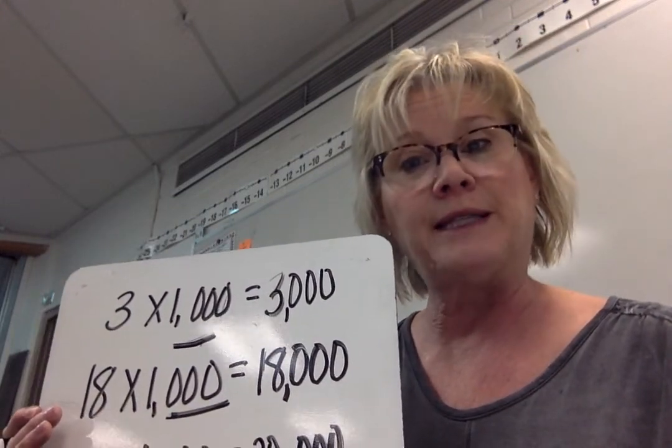Pretty easy, I would say. I'm going to go ahead, write down some problems that you can work out on your own. And you can have an adult in your house or an older sibling check and see if your answers are correct. So give me a moment here. I'll write these down and then I'll hold them up for you to write down.